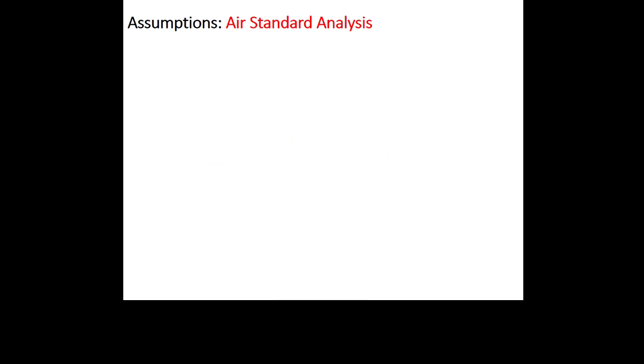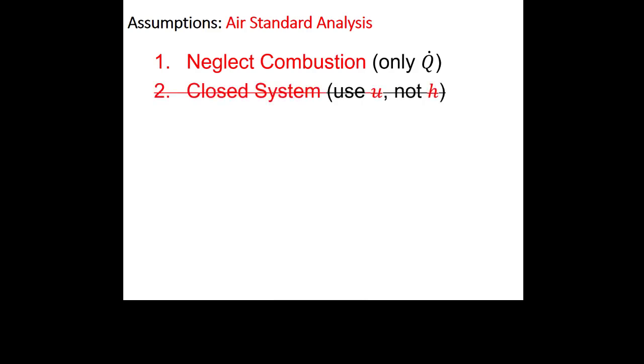So just like, or at least similar to an internal combustion engine, we're going to run that air standard analysis, right? So we're going to neglect combustion. We're just going to pretend heat's coming in, heat's going out. We're not burning anything. The gas is not changing. Unlike the internal combustion engine, we're not going to assume that the systems are closed here. We're going to say they're open systems in each component.